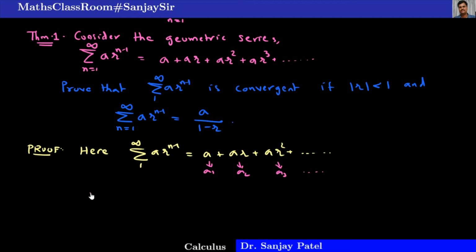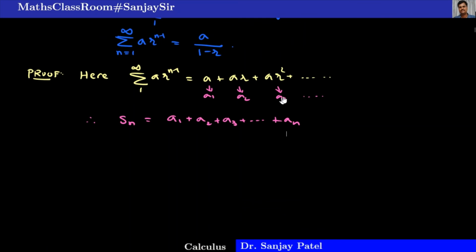Therefore, the nth term of the sequence of partial sums is given by Sn equal to a1 plus a2 plus a3 up to an.